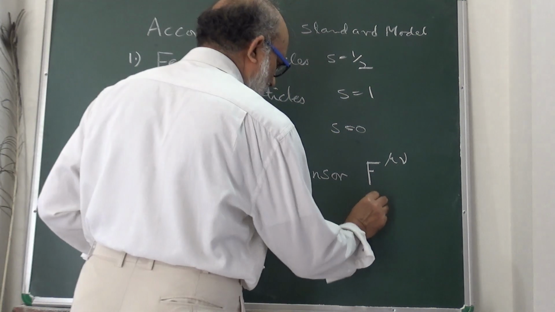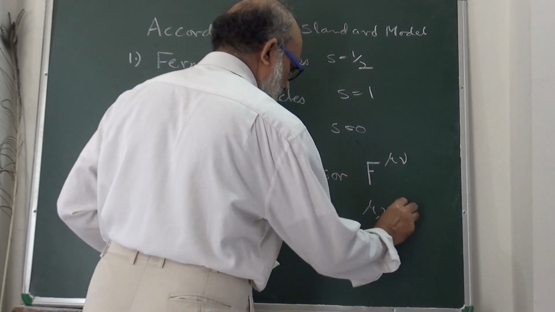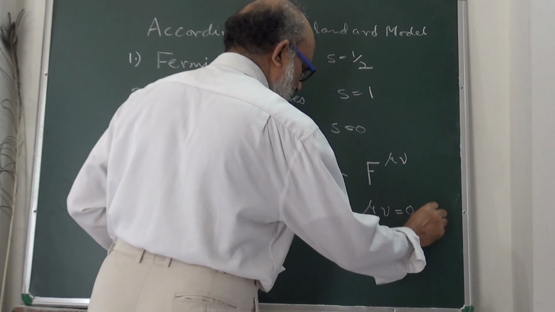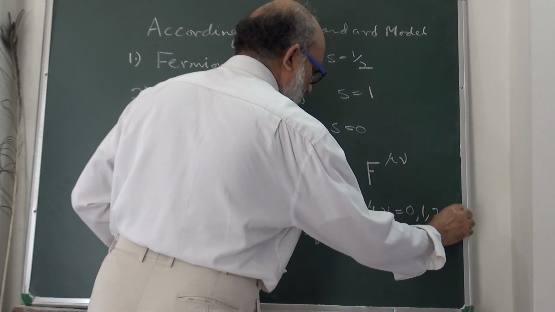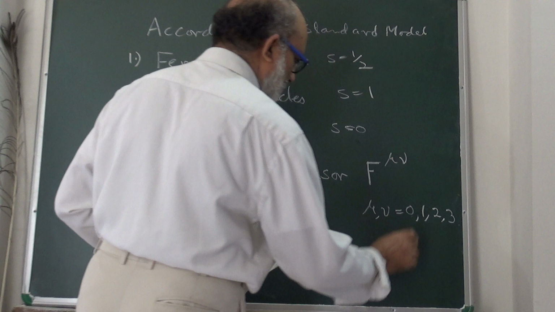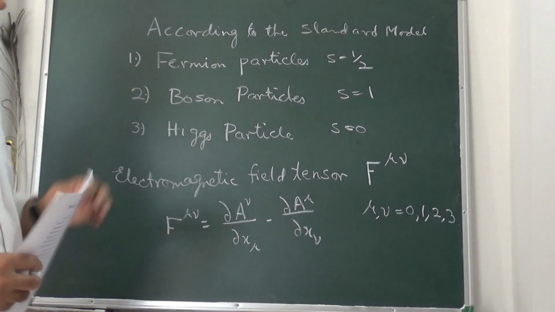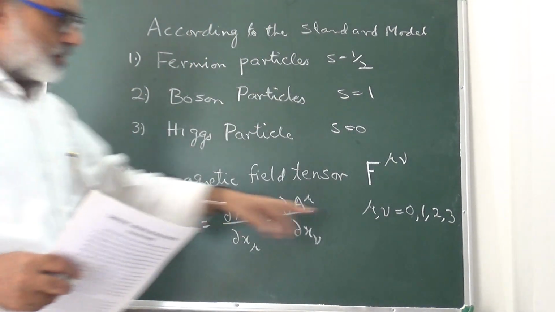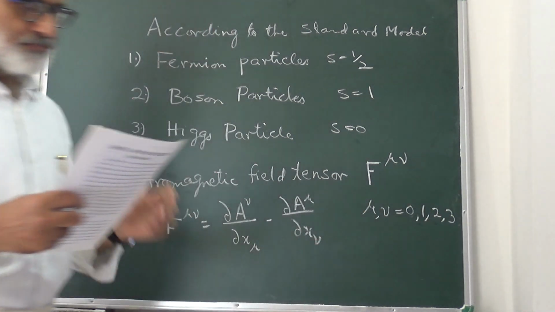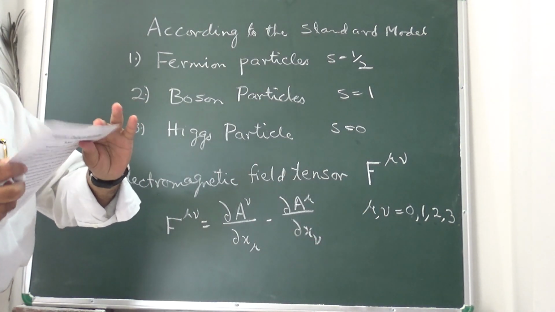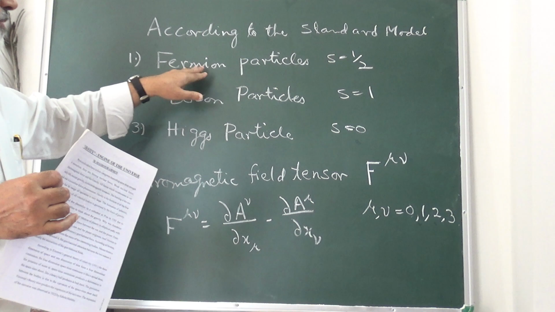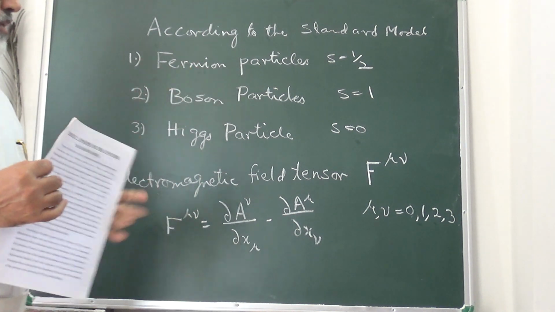Mu and nu are the indices which have four components: 0, 1, 2, 3. 0 corresponds to the time component, and 1, 2, 3 correspond to the space components, X, Y, and Z. So now today we are going to discuss the Lagrangian for fermion particles.